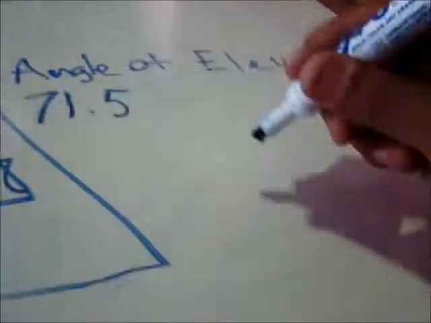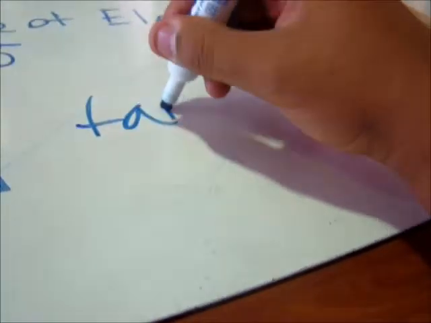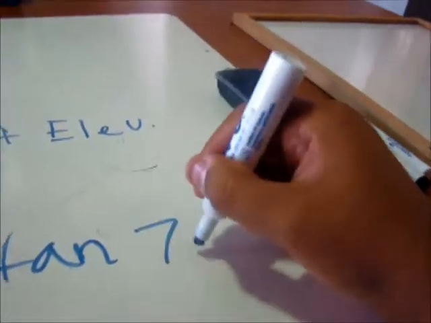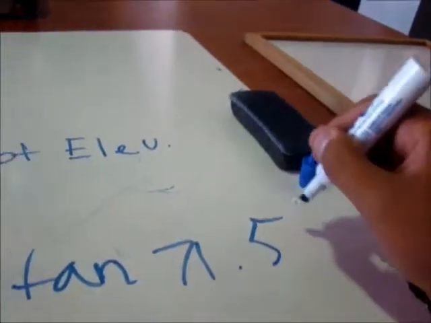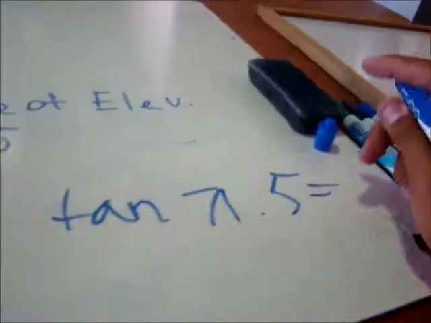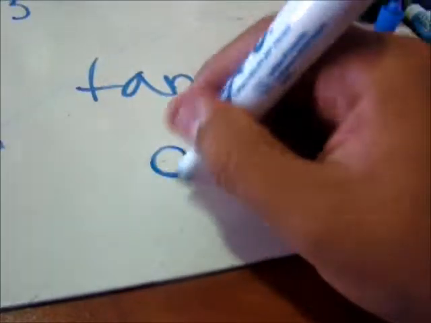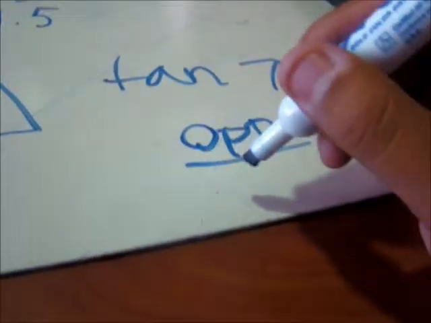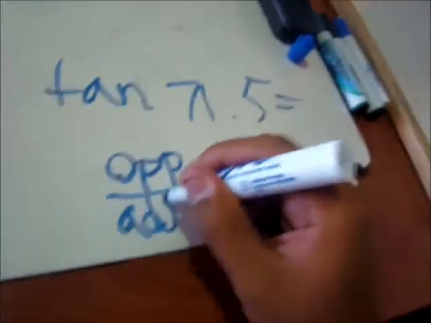So now you would need to find tangent, and what you would do is tangent 71.5 equals opposite over adjacent.